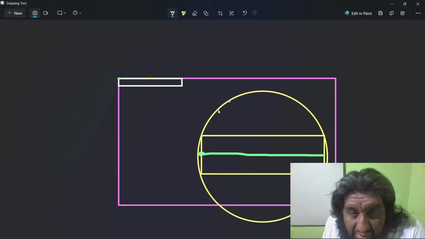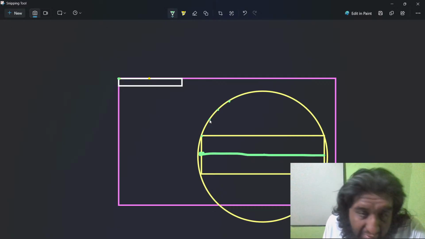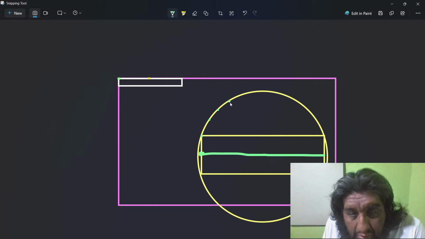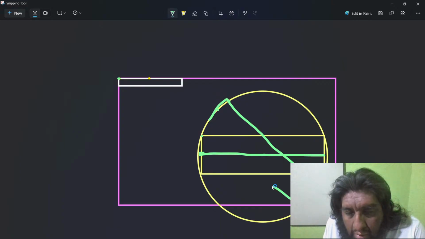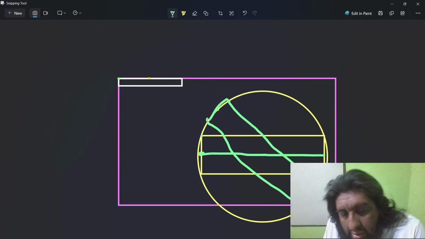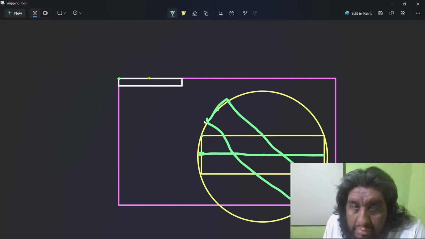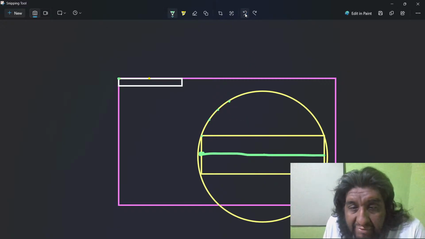The midpoint will be here, and the other one will be here, hopefully. And the thing will go like this. Now, how can we find these points?